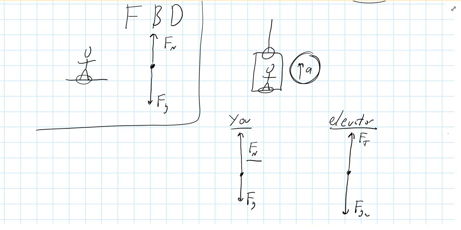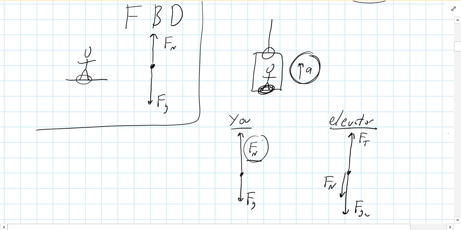And then what else touches the elevator? Well, the person. Now, the person is going to press down on the elevator, so you put a second arrow next to the first, that's down. What do I put there? Well, it's not FG of the person, and that's a common error that people make too. They'll say, oh, the force of gravity of the person. No, it's the normal force of the person acting down on the elevator.